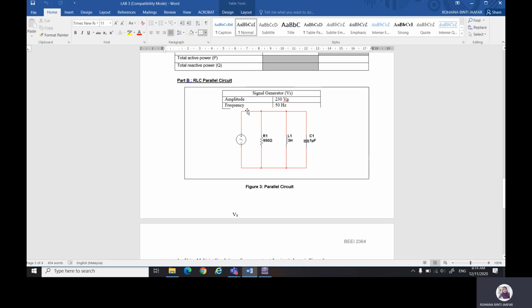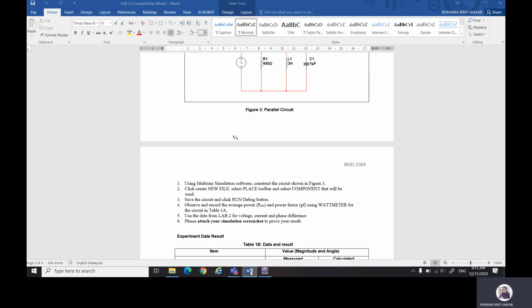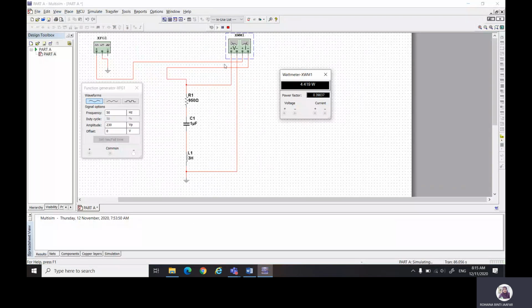Same, you measure the current from the I supply and the voltage. Since this is a parallel circuit, the voltage across the RLC is the same, so you can measure the voltage at either the capacitor, inductor or resistor. That is for the Multisim simulation.